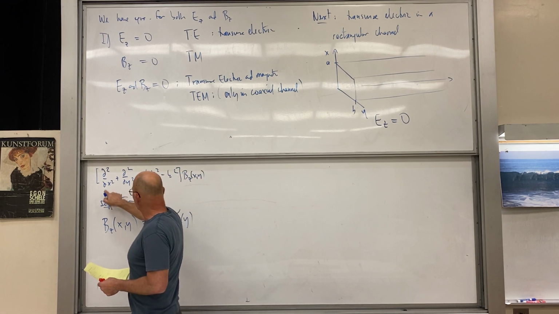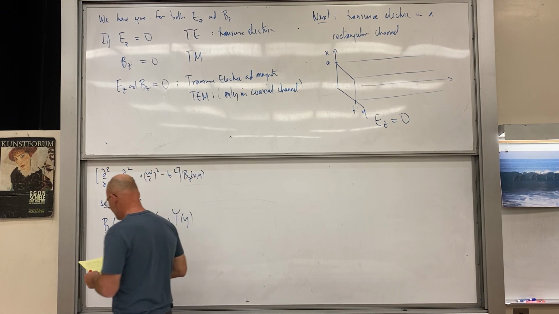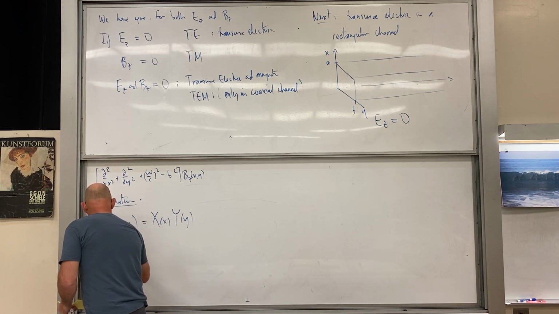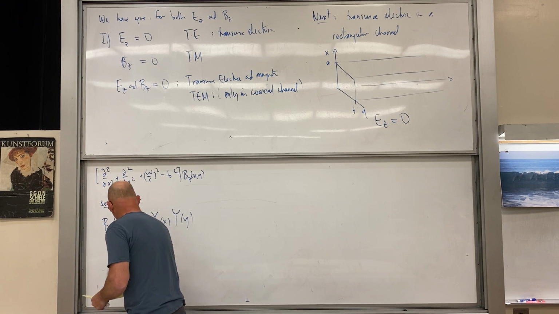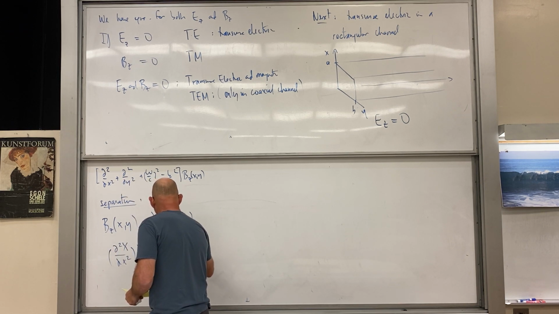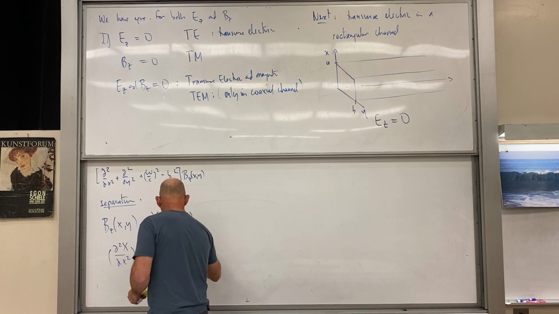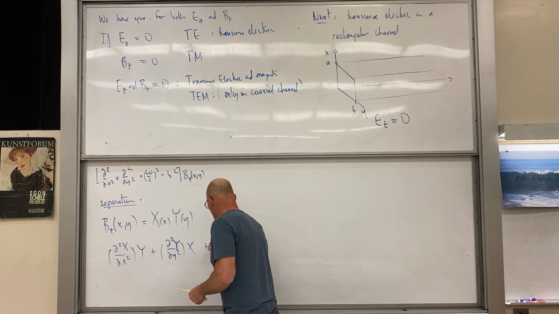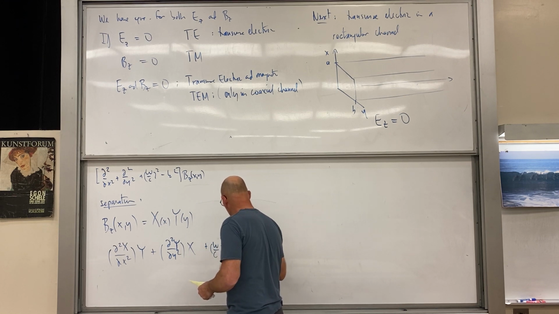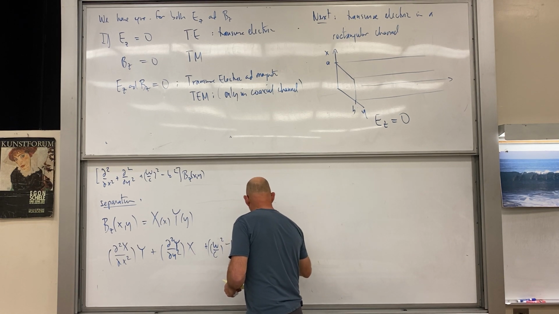So we've got two derivatives in X, two derivatives in Y. We do the standard: Y times d²X/dx² plus X times d²Y/dy², plus (ω/c)² − k² times X and Y is equal to 0.